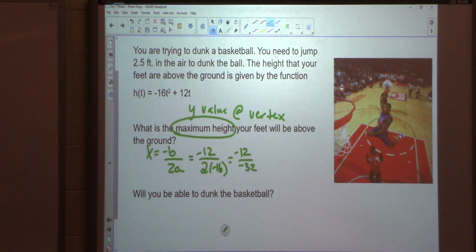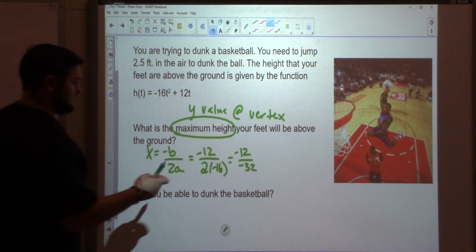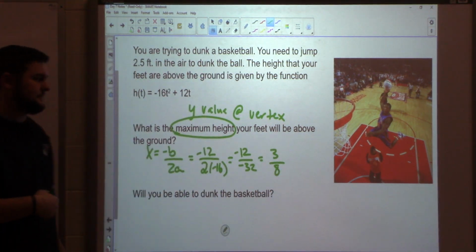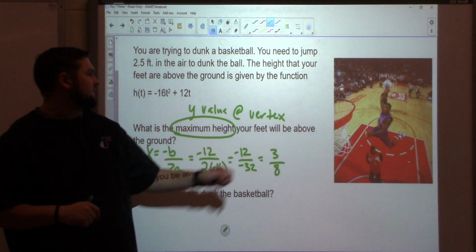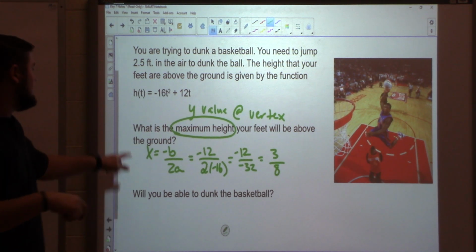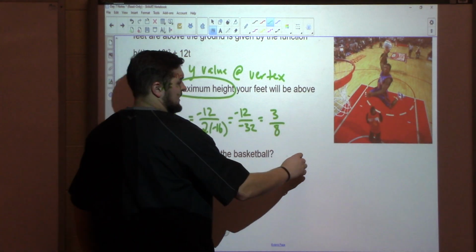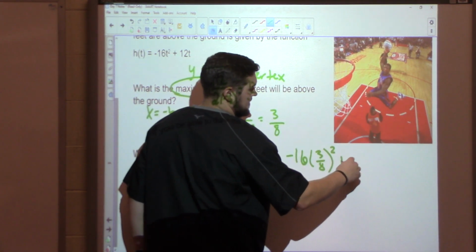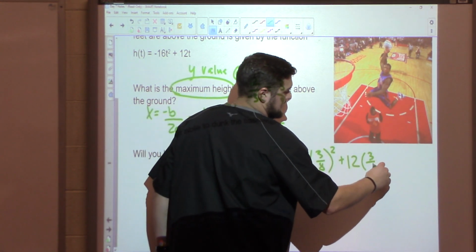Good. Let's leave it as 3/8 because it's easier to plug in. So we've got 3/8 for our x value, which means plug it back in to find your y. Negative 16 times 3/8 squared plus 12 times 3/8.